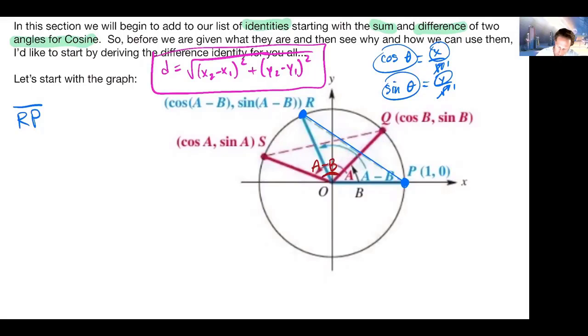And therefore, if the blue one, which we already said was due to the arc or angle A minus B, then this distance between its endpoints, which we called RP, should be equivalent to this one, which is also A minus B, that arc, that angle.